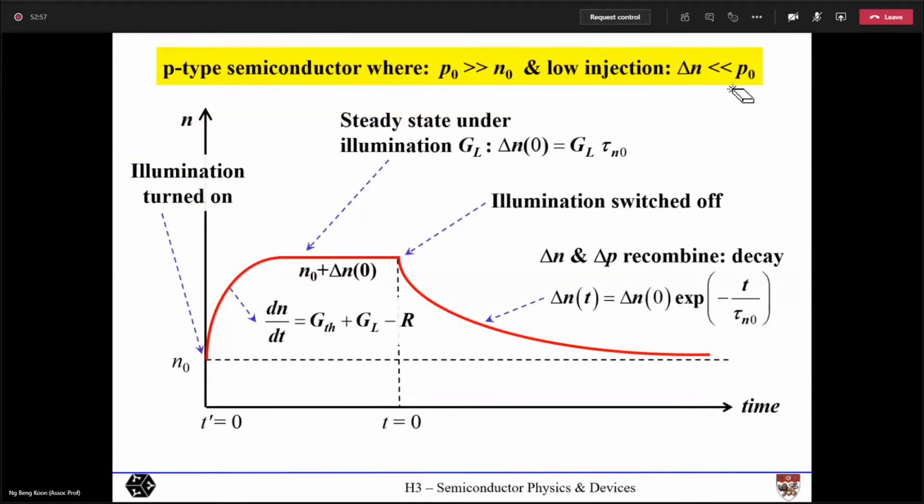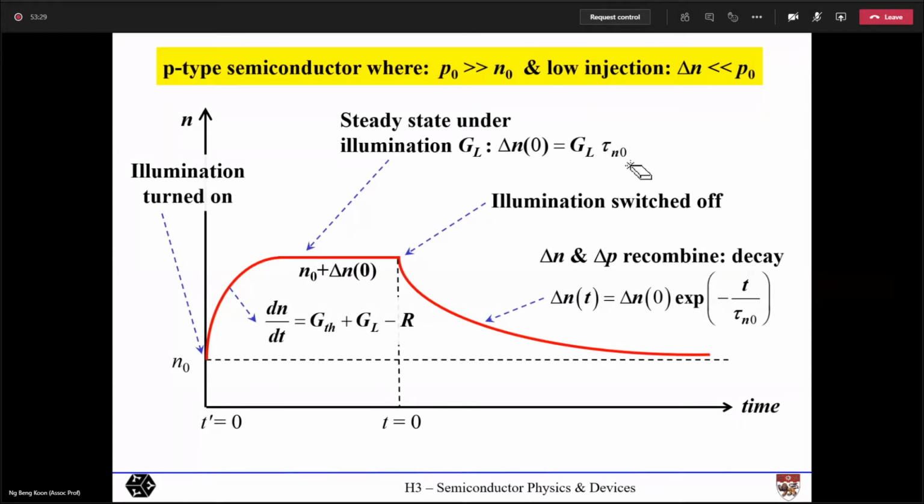So in summary, we have these 3 scenarios that we have analyzed. First, thermal equilibrium, which is a trivial case: delta n is obviously equal to 0. When you turn on the light and the concentration in the semiconductor stabilizes, the concentration of excess carrier is given by the optical generation rate, GL, multiplied by the minority carrier lifetime.